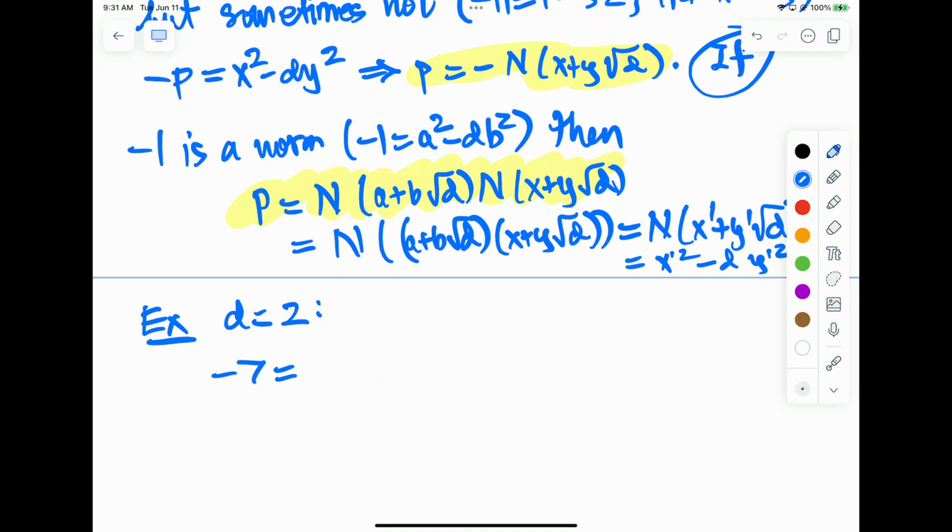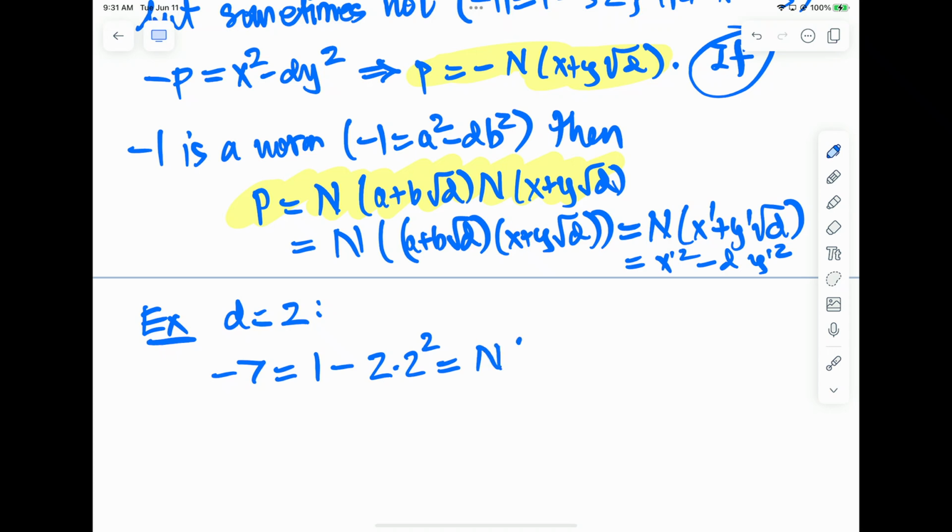Minus 7 is 1 minus 2 times 2 squared, 1 minus 8. So this is a norm of 1 plus 2 root 2. So 7 is the negative of a norm.